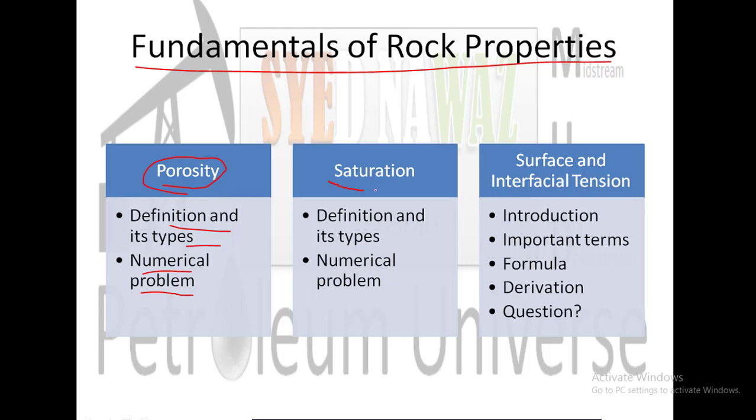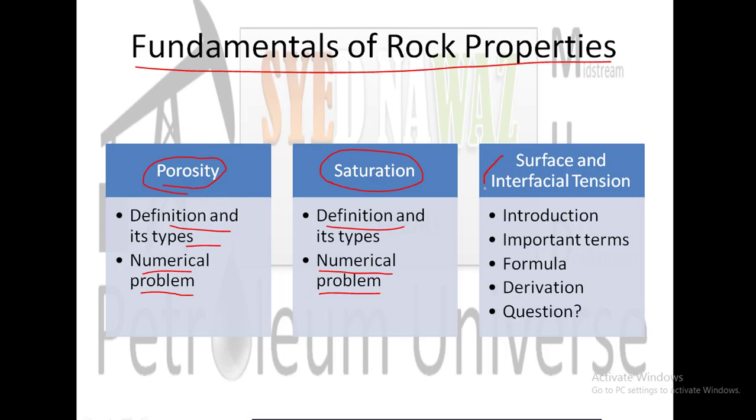Apart from that, I have explained saturation, and as with porosity, I covered the definition, types, and numerical problems from previous GATE exam papers.